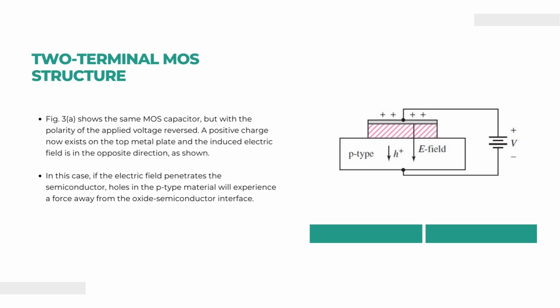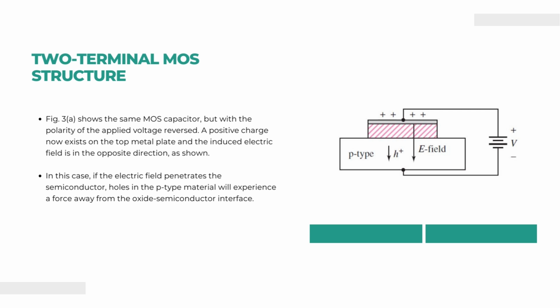So, they will be attracted downwards, and there is an electric field existing from the positive to the negative terminal. This is the effect of a positive gate bias, showing the electric field and charge flow in a MOS capacitor with a p-type substrate.